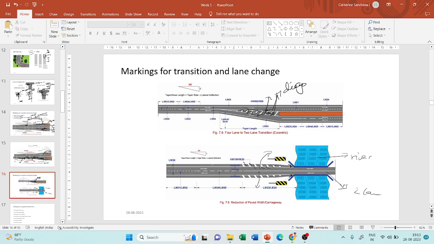Here also it has two lanes but with shoulder. So they are trying to eliminate the shoulder by making a smooth transition, and for that smooth transition they are providing these hatched lines. So you should not travel on this paved shoulder when you come close to the bridge, because the width of the roadway is going to reduce. So this marking is called hatched marking.